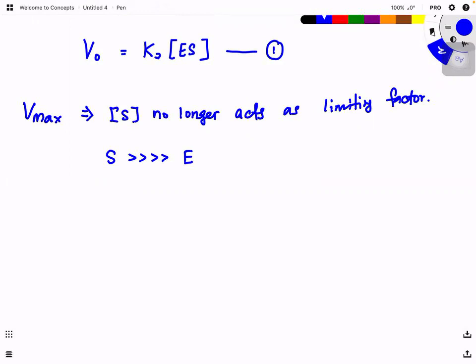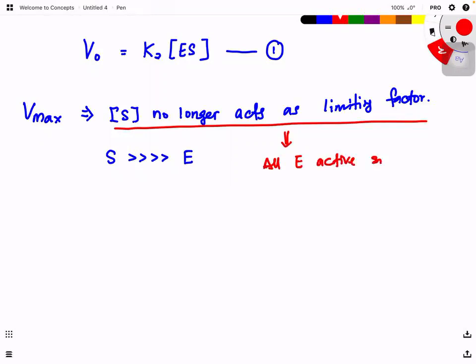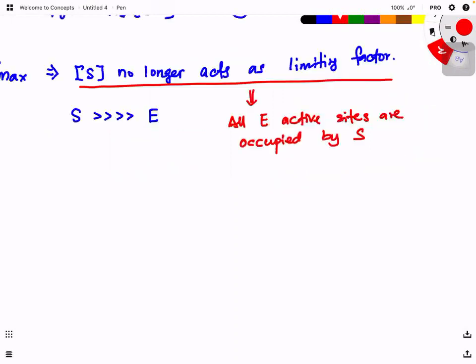at the maximum rate. So under this condition, when we say substrate no longer acts as a limiting factor, it basically means that all enzyme active sites are occupied by substrate. Correct or not? True or not? So I understand the concept here.